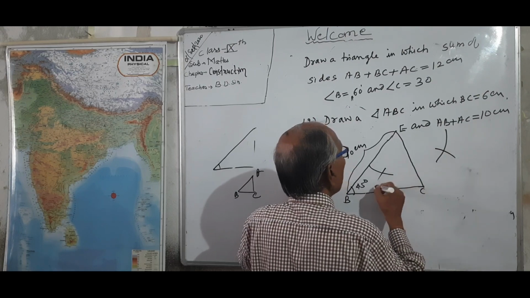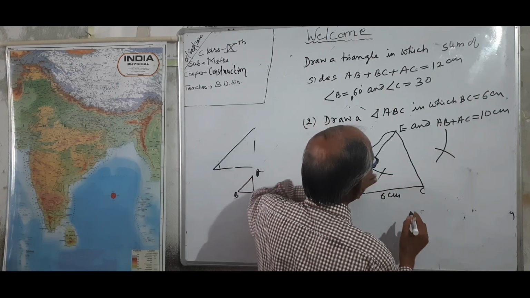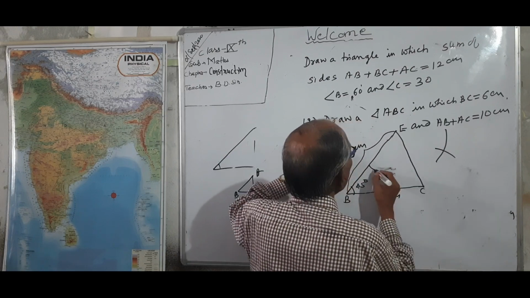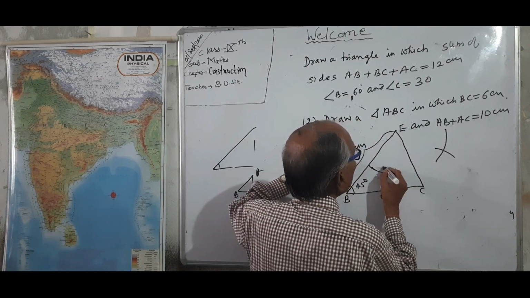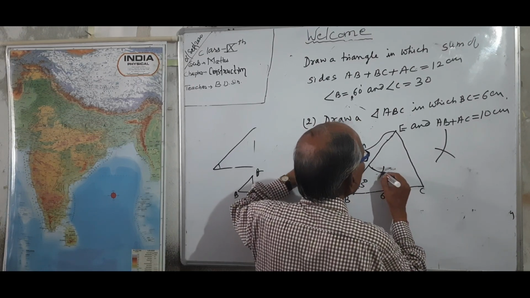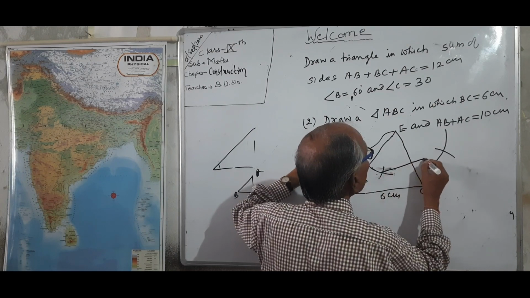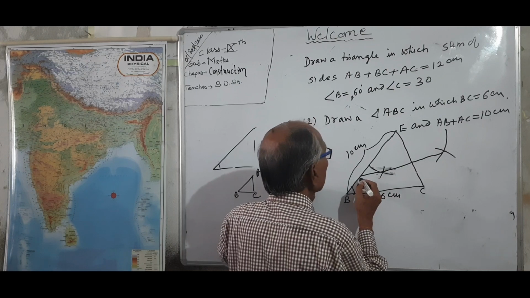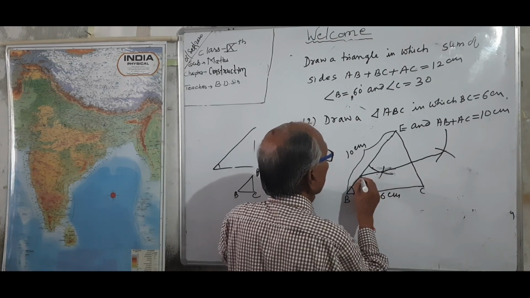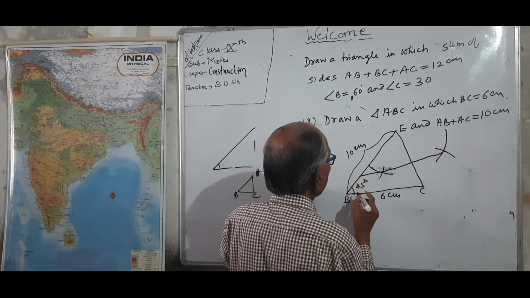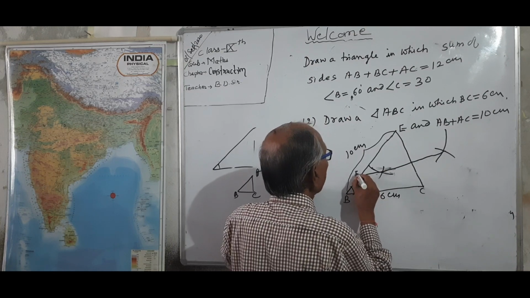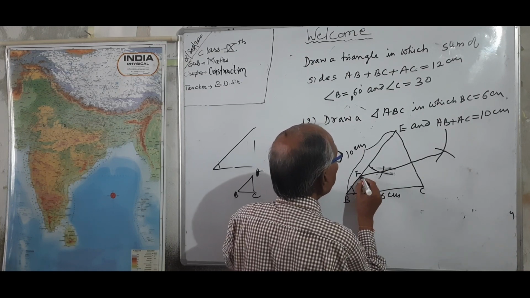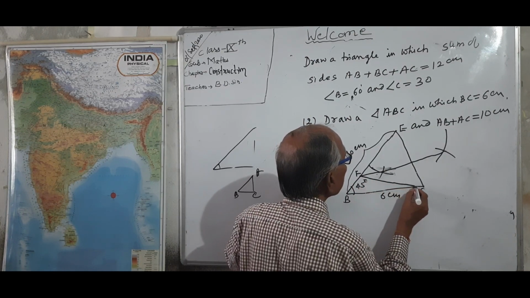We cut these two arcs. We now join this and produce this so that it will cut the line BE at, suppose, the point F. Now we join FC.